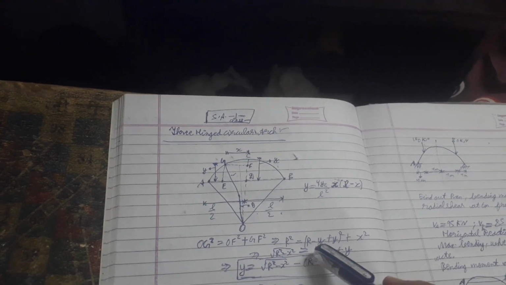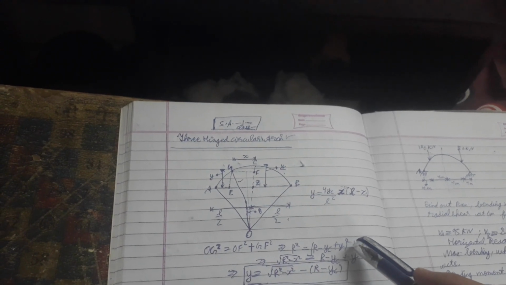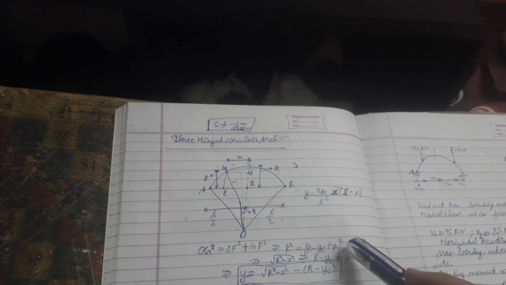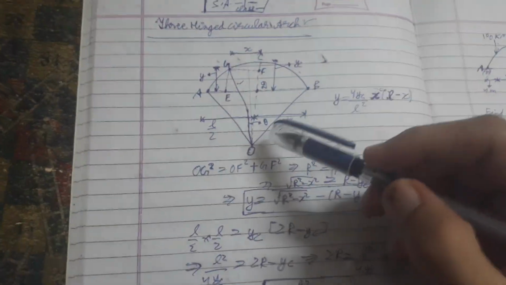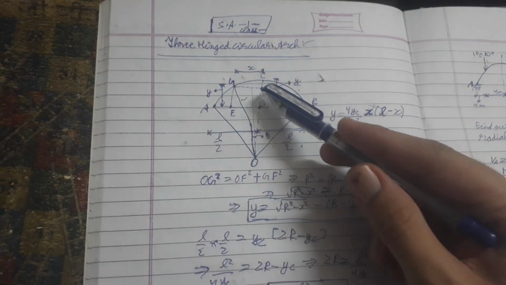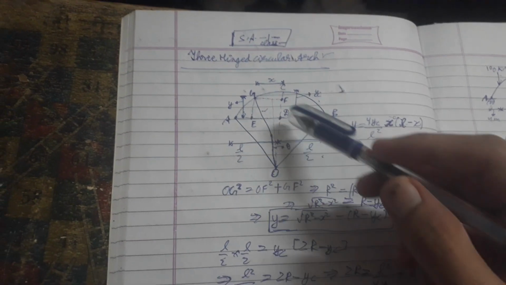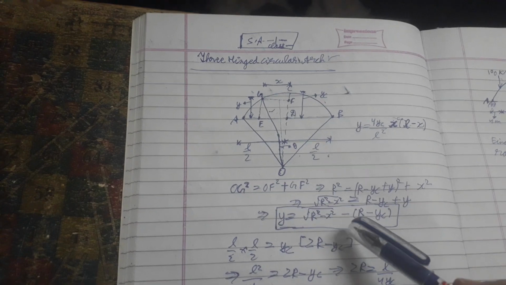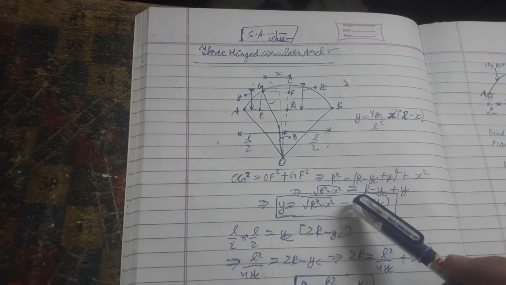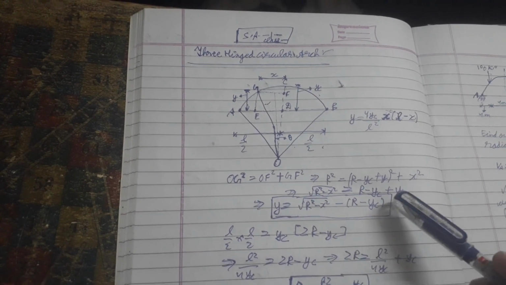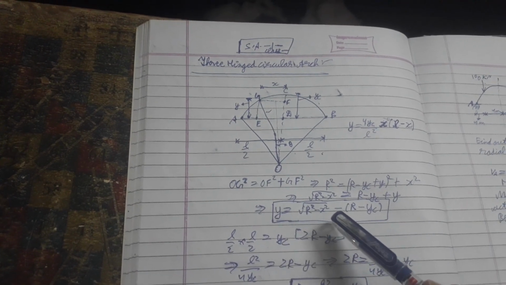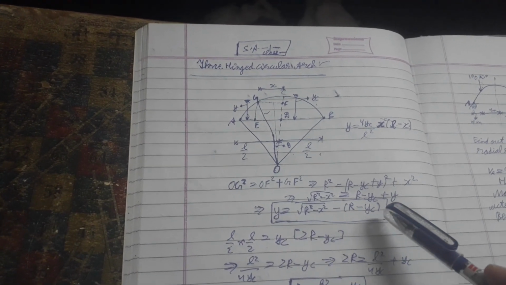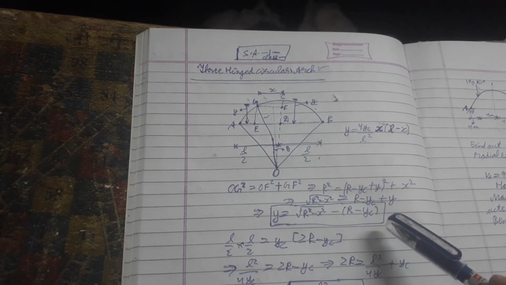R square is equal to x square plus R minus yc plus y whole square. What is R minus yc plus y? Note here, R minus yc plus y is OF, and GF is x. Then under root R square minus x square is equal to R minus yc plus y, which implies y is equal to under root R square minus x square minus R minus yc.